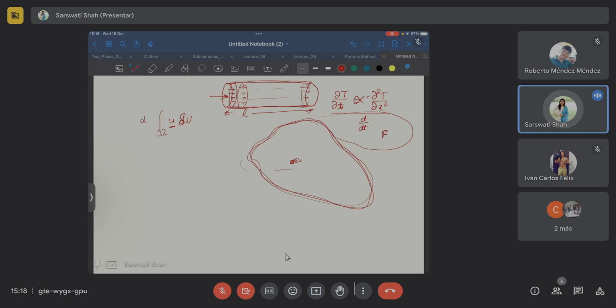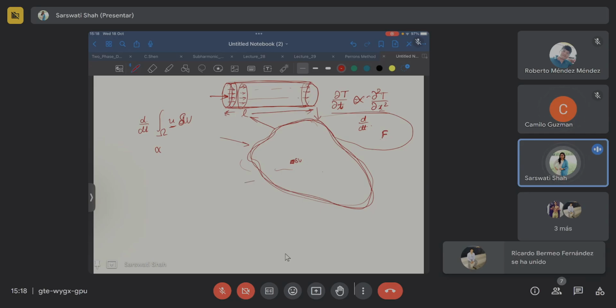And then the rate of change of this quantity defined in this domain was proportional to the flux function. The flux function was the amount of the variable u which is coming inside or going outside from the boundary. And the second quantity was the source or sink.